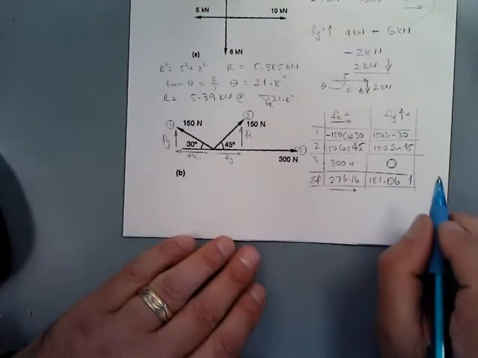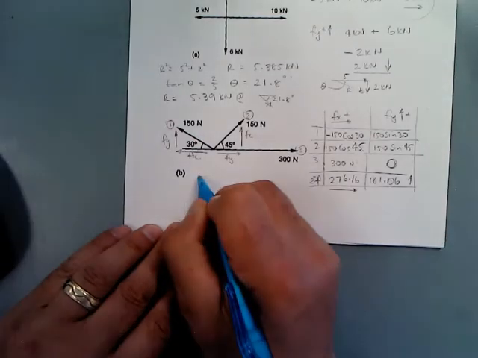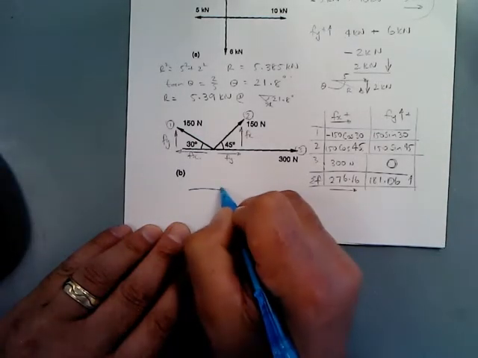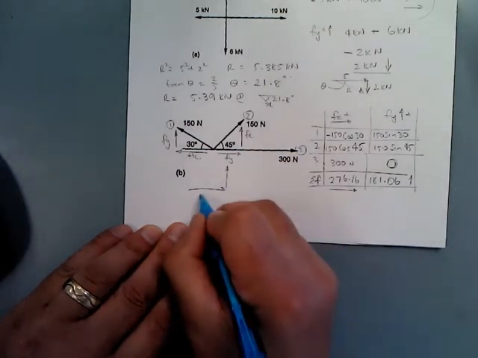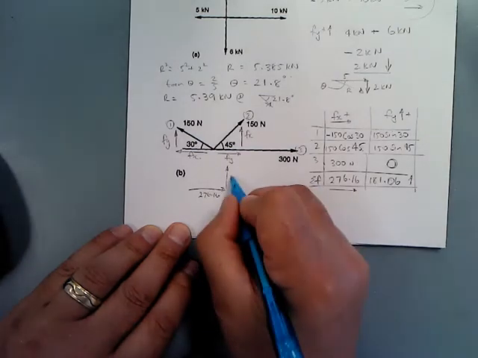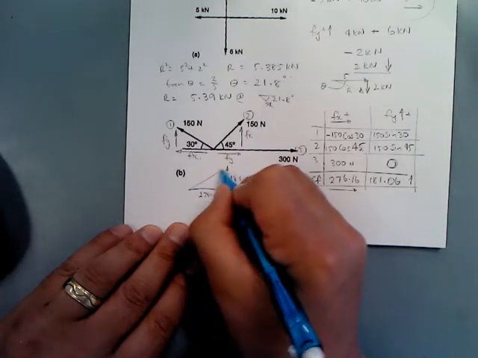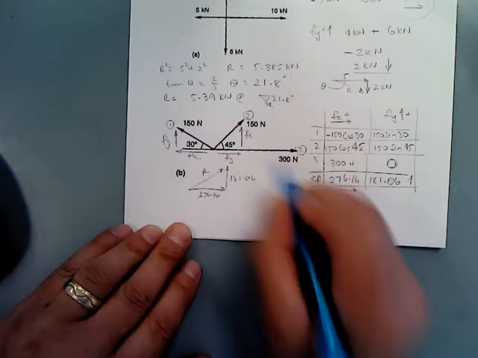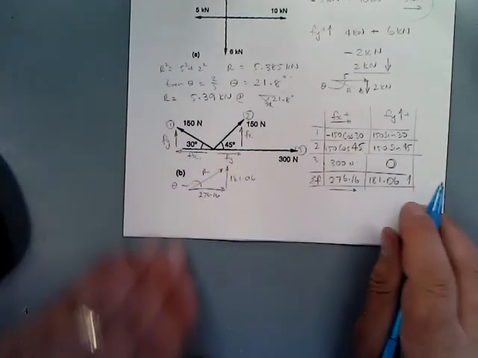I can then draw up a triangle of forces. Horizontal component is 276.16. Vertical component is 181.06. The resultant is acting in that direction, and I also need to calculate the angle that it's operating at.